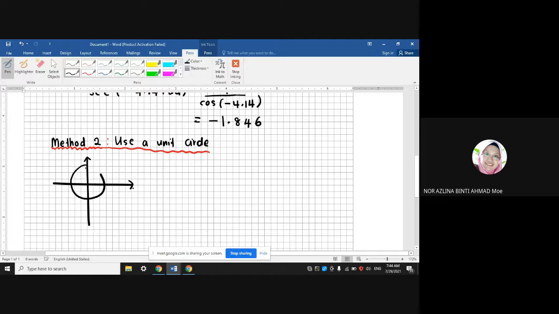One circle. So the radius for the circle is 1 here. Negative 1. If coordinate, this is 1, 0. Here negative 1, 0. 0, 1. And here 0, negative 1.